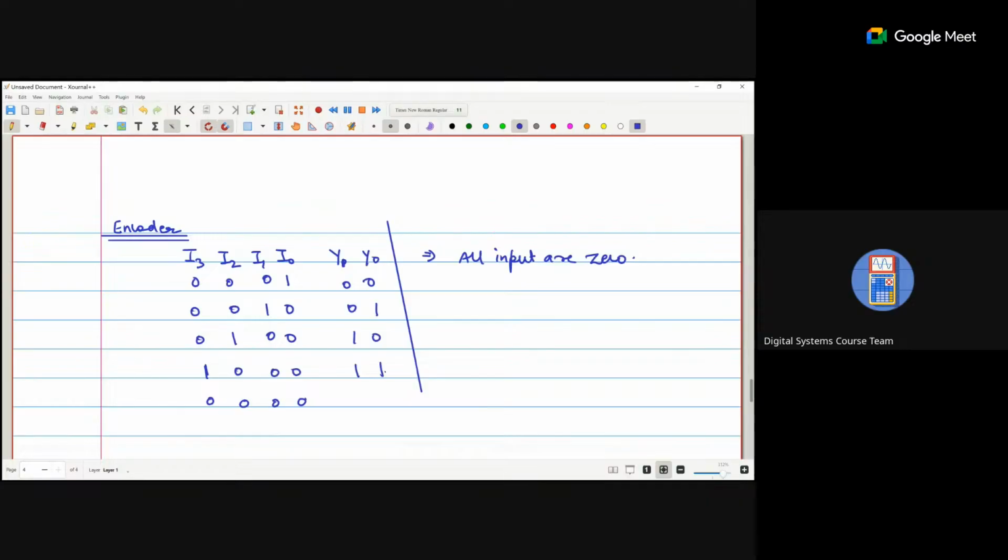And the second problem with this encoder is that if more than one input is 1 or high level. Like for example, we can say 0, 1, 0, 1.